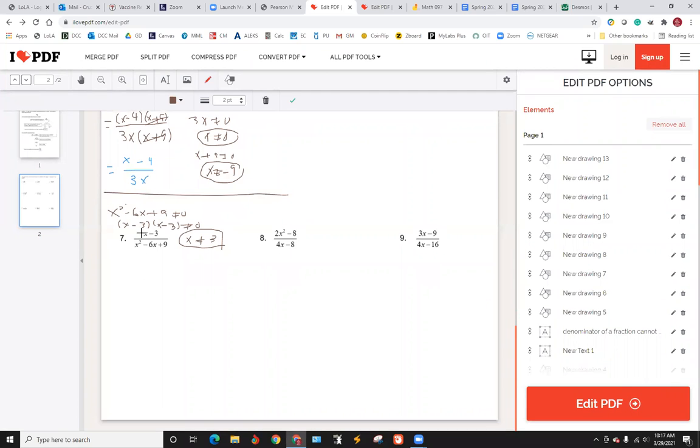And then for part 2, we've already got the factors so that we can rewrite this one. All right, so this is already factored in the numerator. Don't have to worry about that. So what happens on this one?